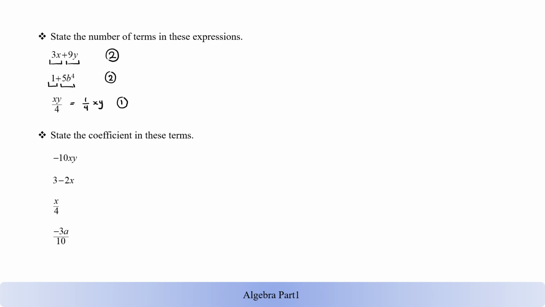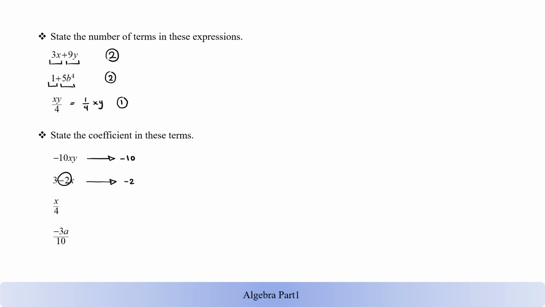Okay. Now, state the coefficient of these terms. Minus 10xy. As I told you, the coefficient is just a number. So the coefficient of this one is minus 10. The coefficient of this one, remember, the coefficient of x, it is minus 2 here.